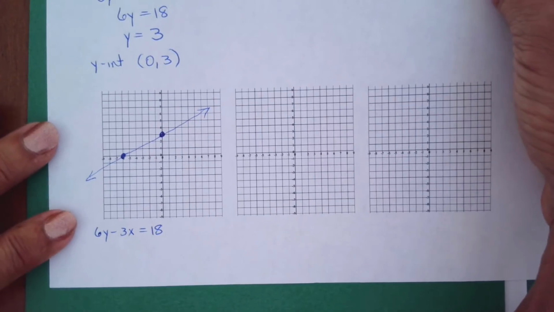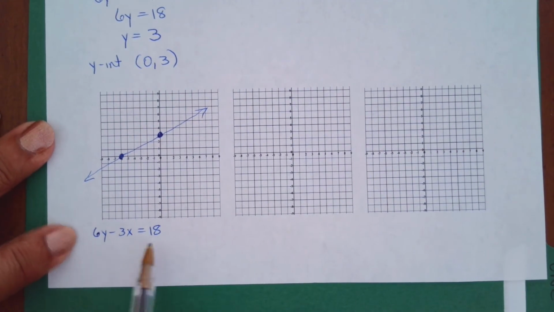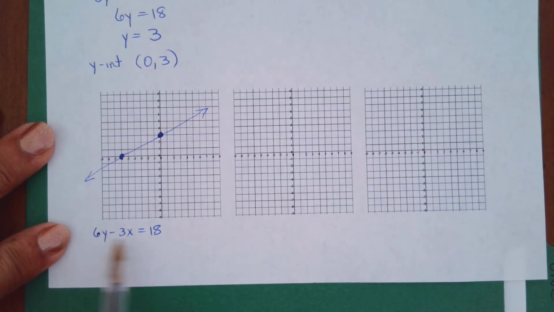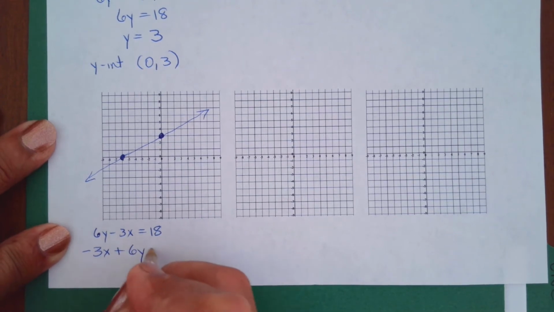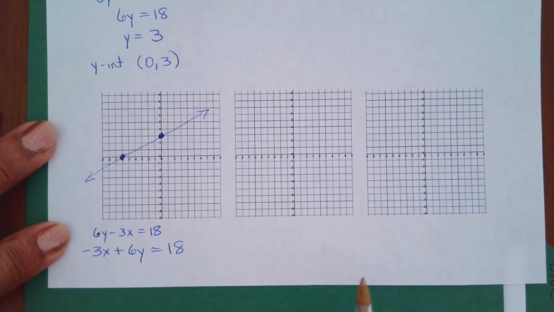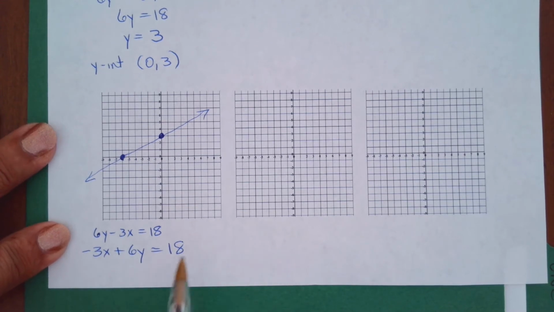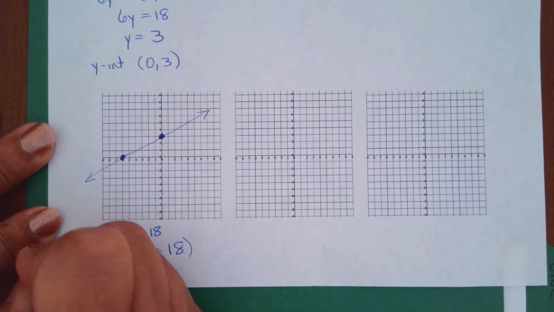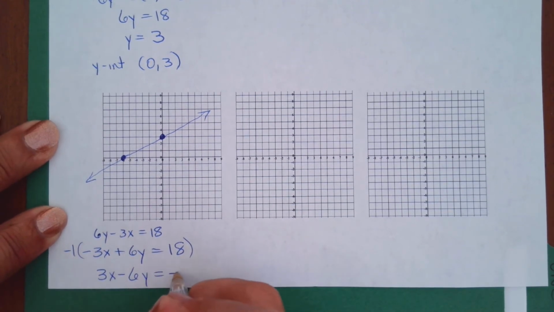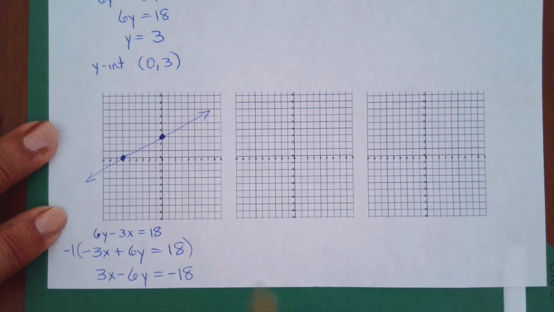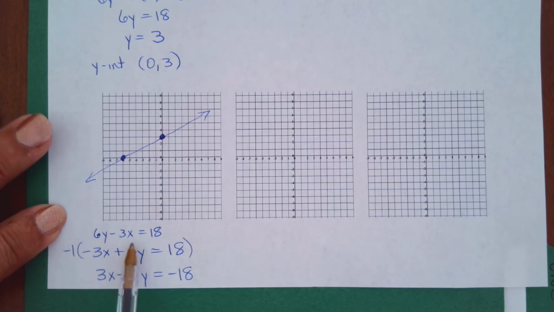If I had asked you to put that in standard form, first I would put the negative 3x in front, the 6y second, and then the 18. Then I would multiply everything by -1. So my standard form would be 3x minus 6y equals -18. They're the same equation, it just depends on what you're asked to do. I know this didn't ask for that, but I like to do that with this one because it's important that you see that it's not standard form.